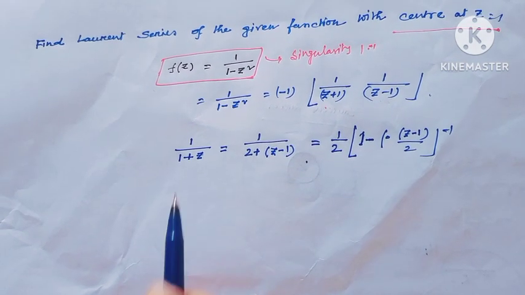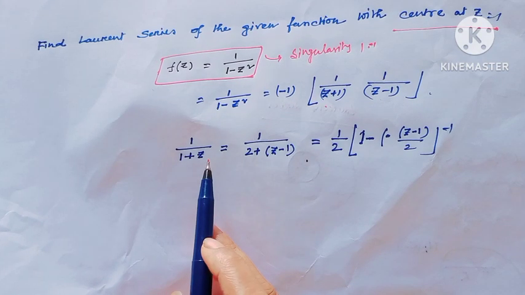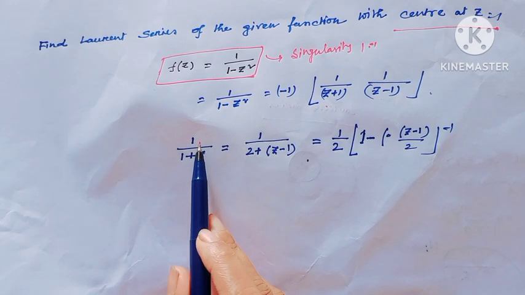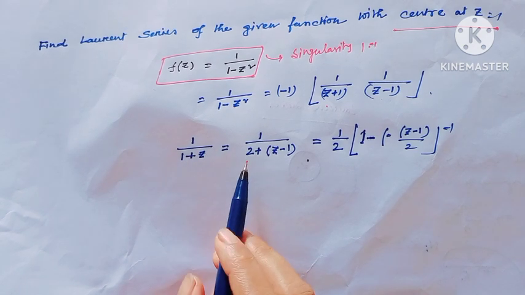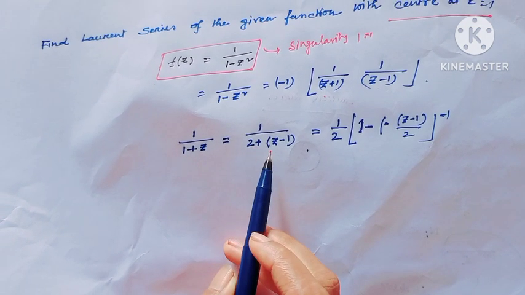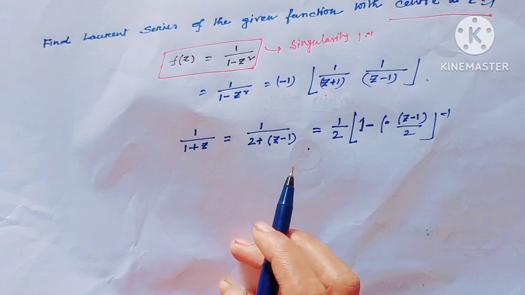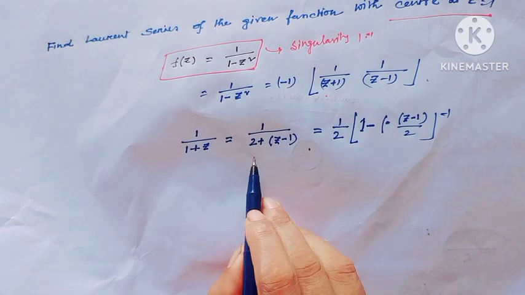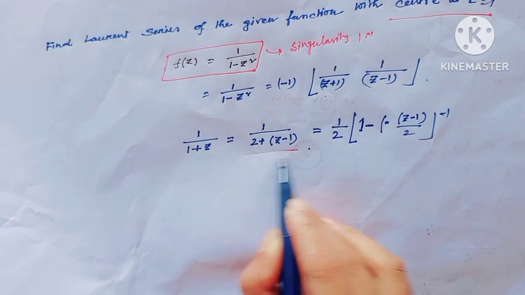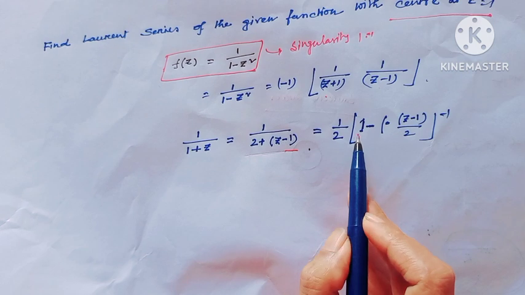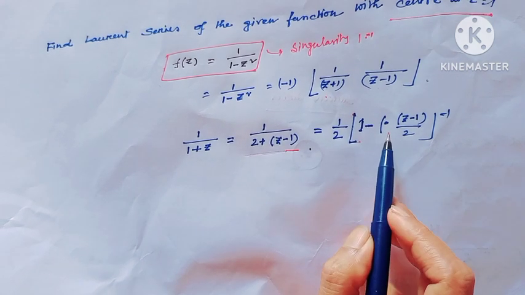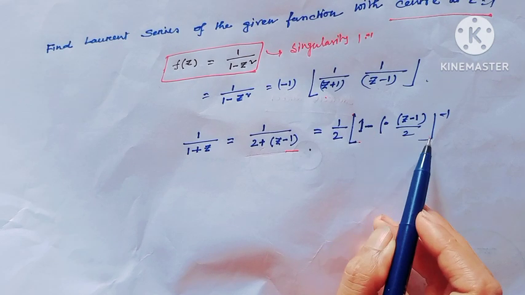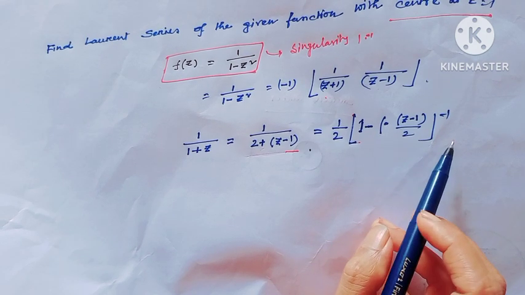So we can write this series. Since we have to find the Laurent series with center z equal to 1, we can write 1 upon 1 plus z as 1 upon 2 plus (z minus 1), and this is actually 1 over 2 times 1 minus (minus (z minus 1) over 2) to the power minus 1.